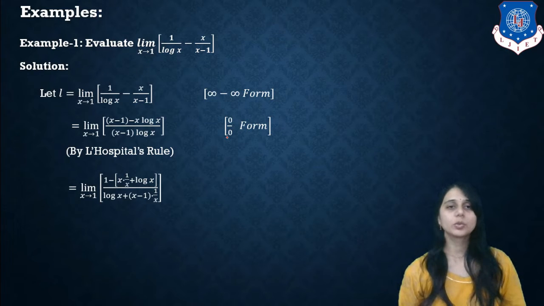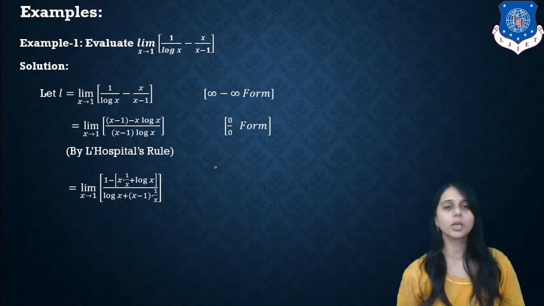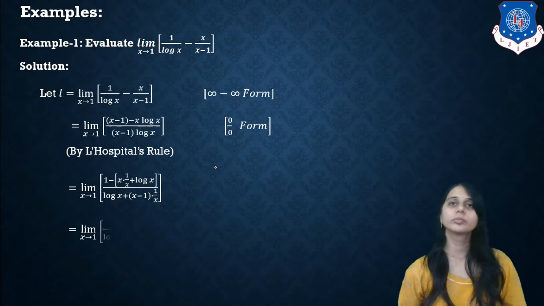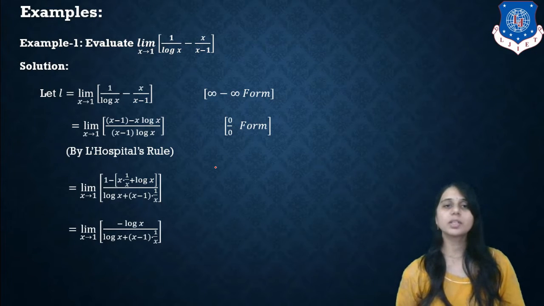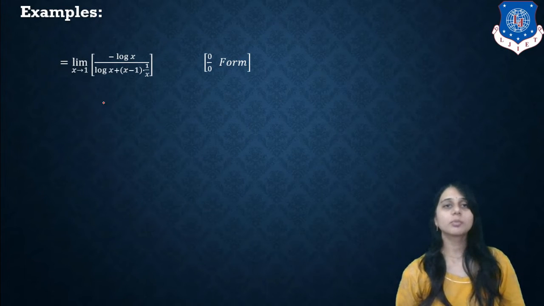Using L'Hopital's rule, we differentiate both the numerator and the denominator. So we take minus log x upon log x plus (x minus 1) into 1 by x.